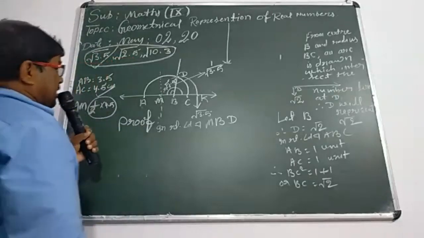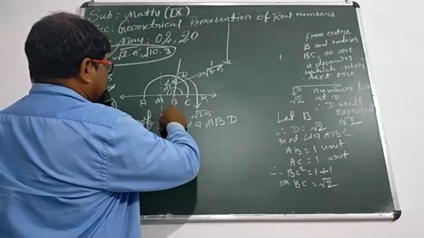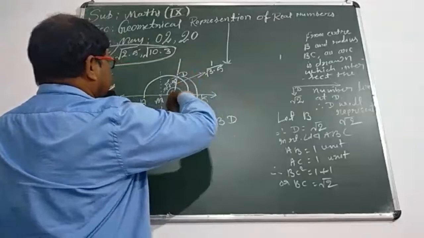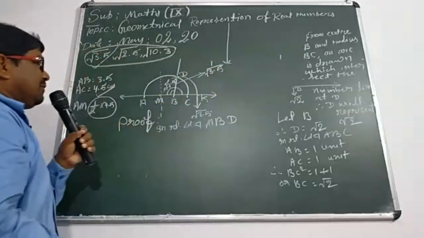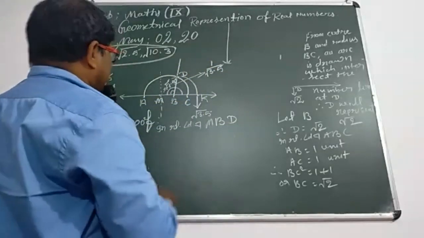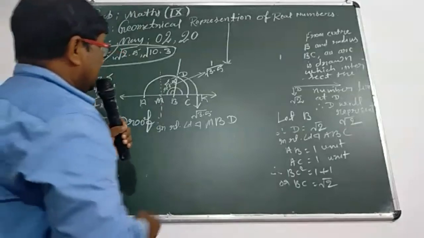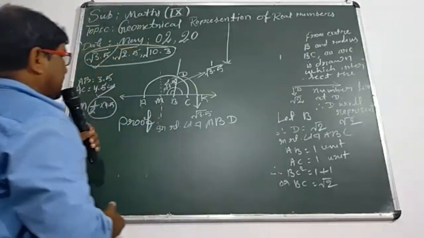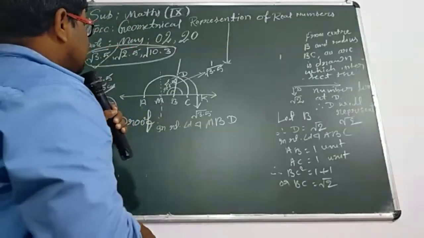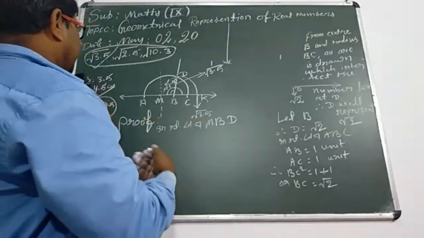But first of all, we need the distance MB. You need BD, I'm thinking. How can we find it?